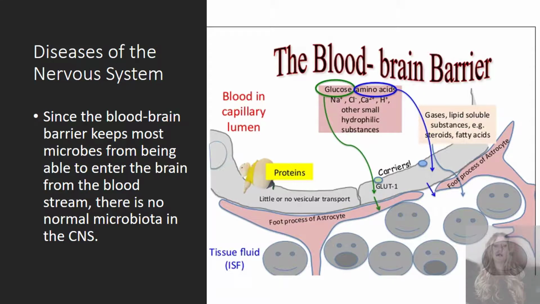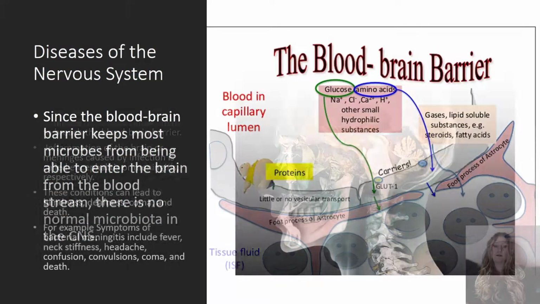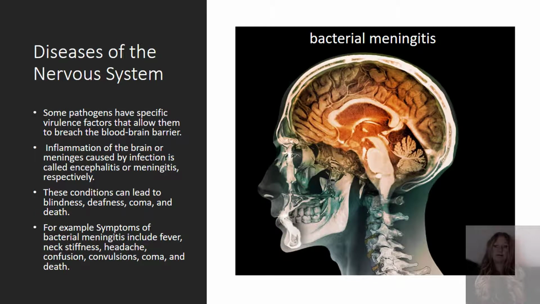Since the blood-brain barrier is able to keep most microbes from entering the brain from the bloodstream, there is no normal microbiota in the CNS, or central nervous system. Some pathogens do, however, have specific virulence factors that allow them to breach this blood-brain barrier.